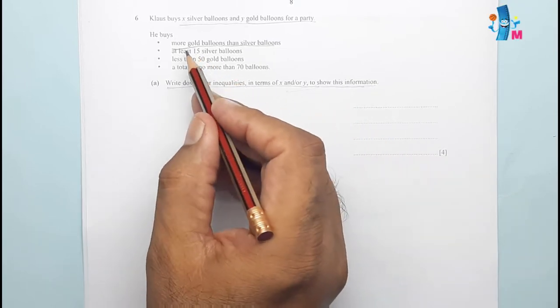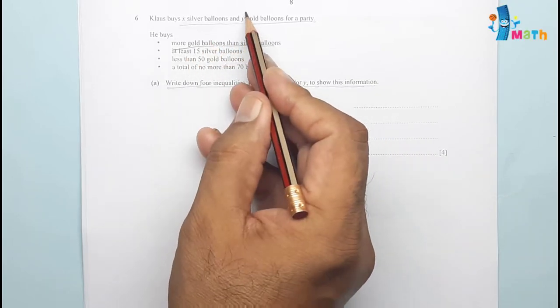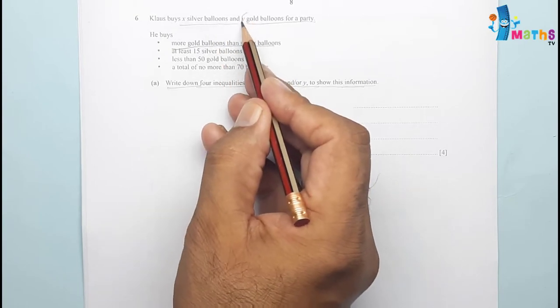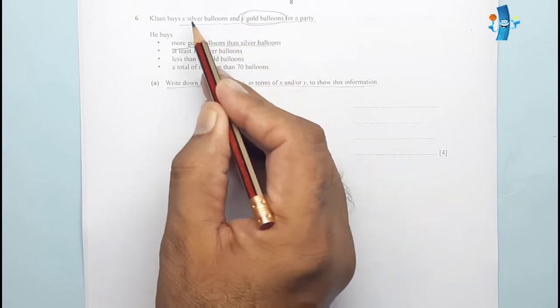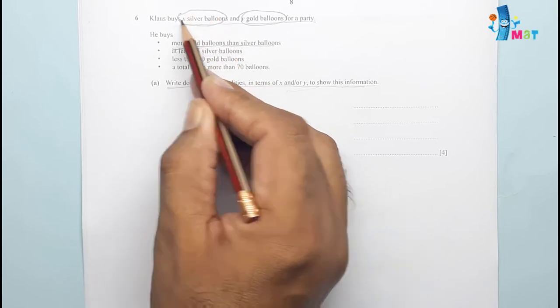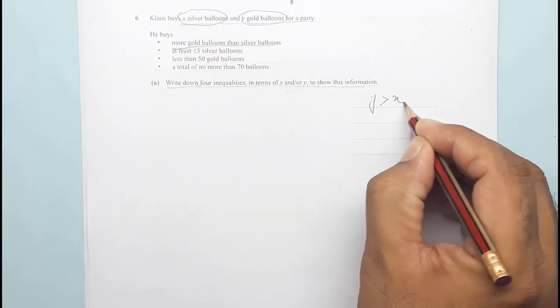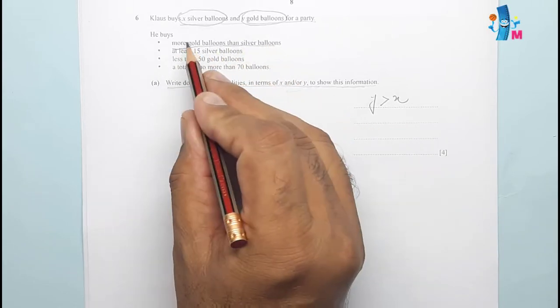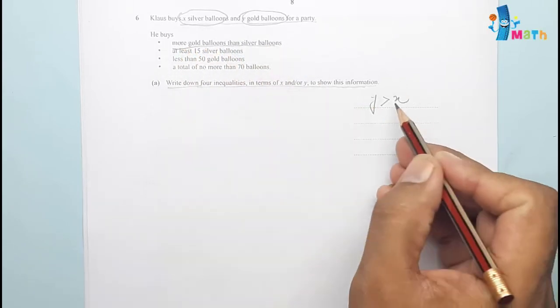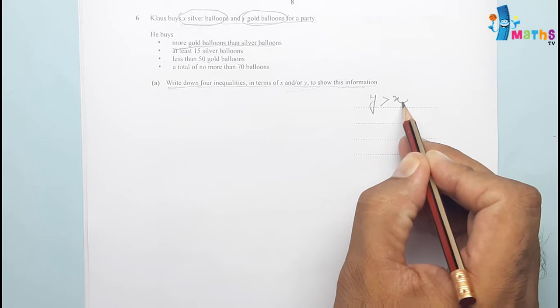Y is gold balloons, and X is silver balloons. So we can write Y is greater than X for the first information, more gold balloons than silver balloons.